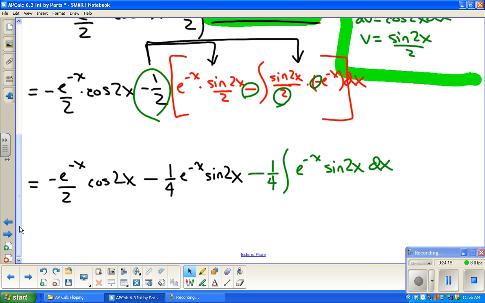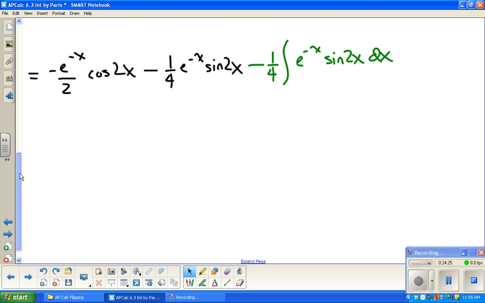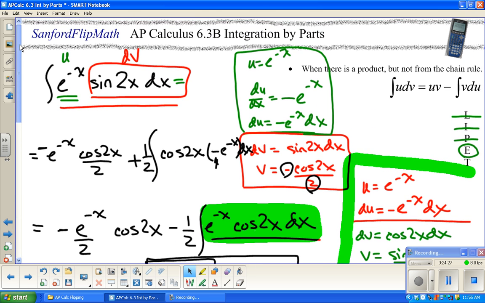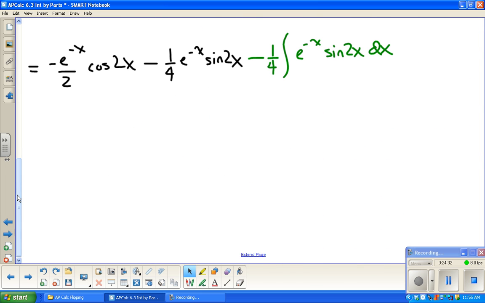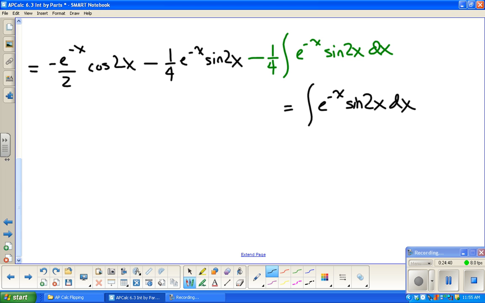All right, well, do you see it? Yeah, probably not. All right, so let me remind you of the original problem we were trying to do. The integral of e to the negative x cosine 2x. All of this is supposedly equal to that. I mean, this is what we wanted this all to be equal to, right?